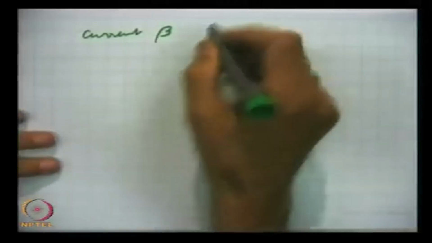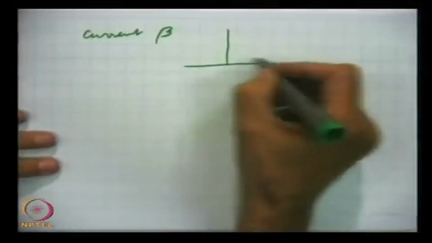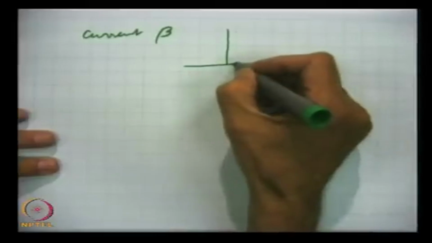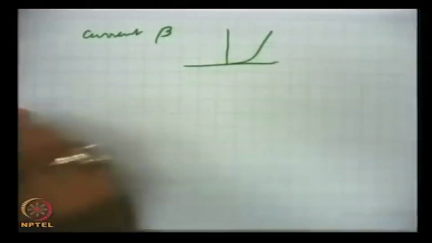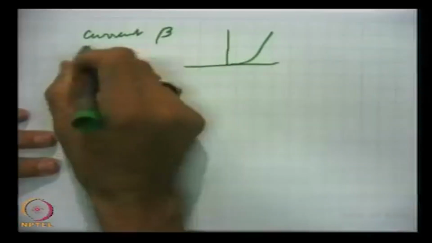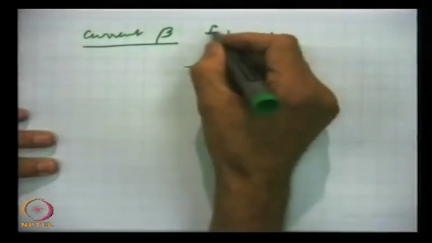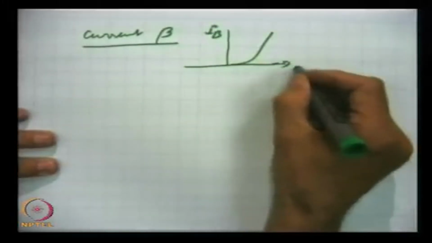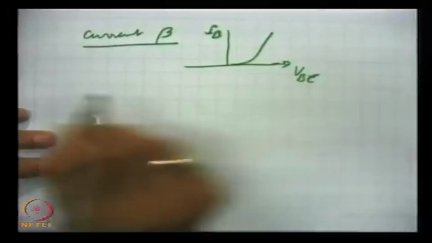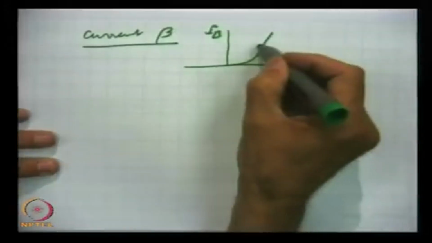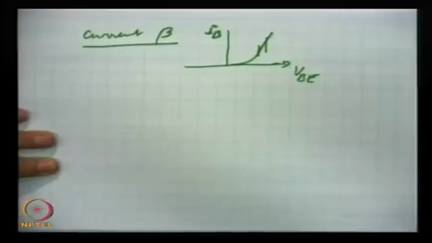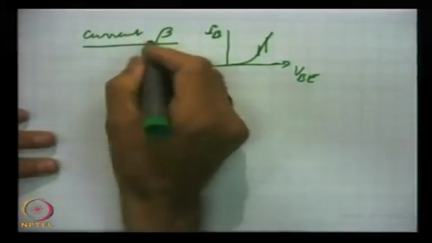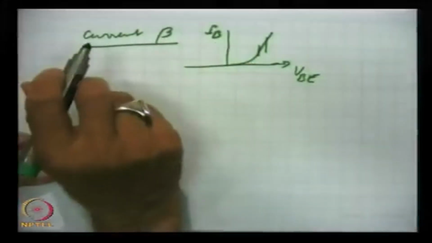But here, because of the non-linearity, you see here the input characteristics of the transistor are like this. This is IB and this is VBE. In a small signal, we used a small portion of this, and there the linearity is perfectly all right.